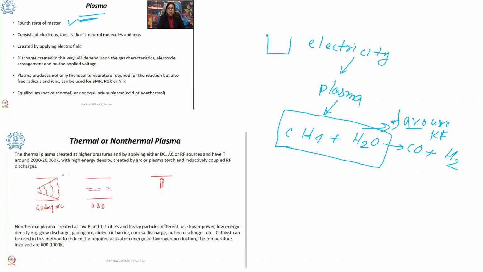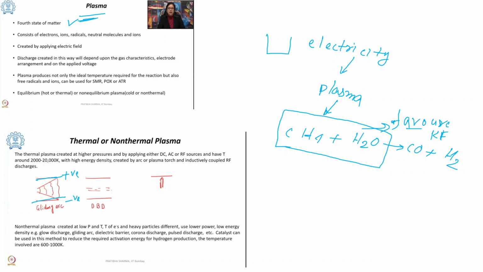If we use anode plus V and cathode minus V, by using two electrodes. This is the electrode material, and I am supplying an electric field externally.